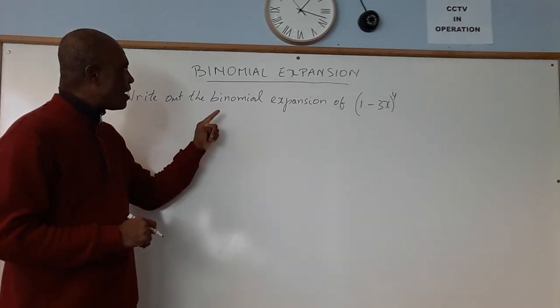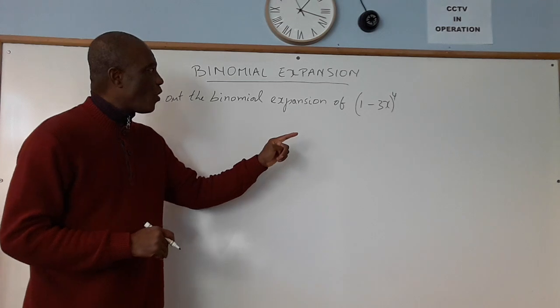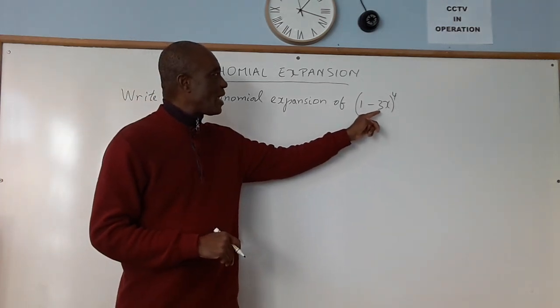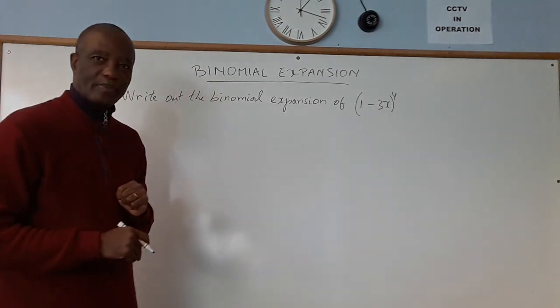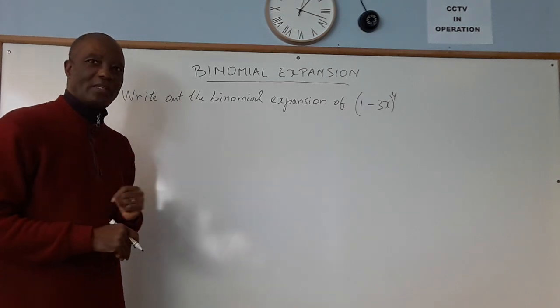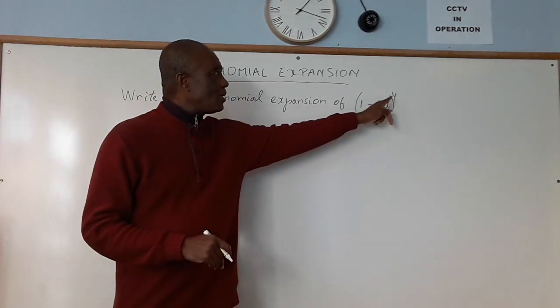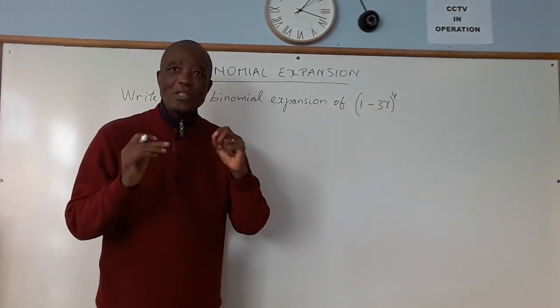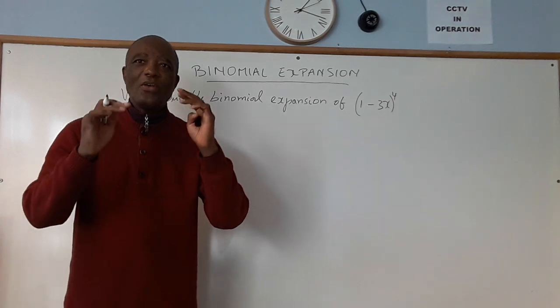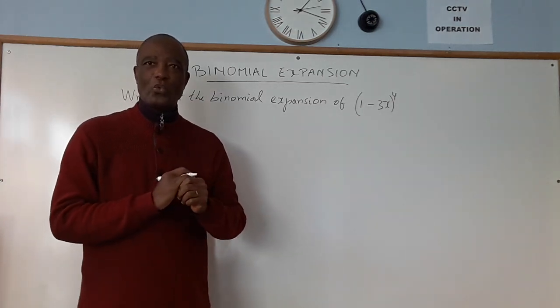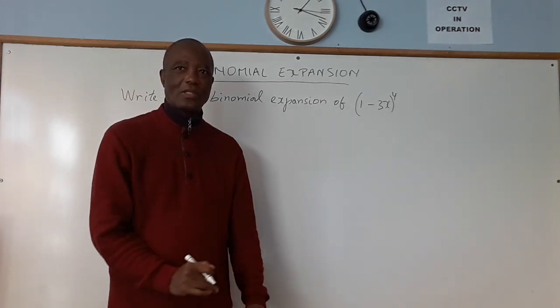Write out the binomial expansion of (1 - 3x)^4. We are going to expand this, and as you see, the power is 4. That means we expect to have 5 terms.